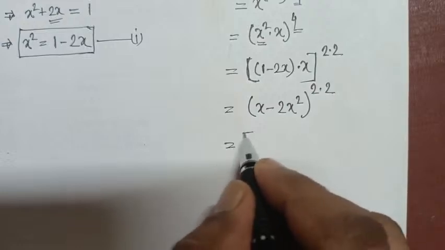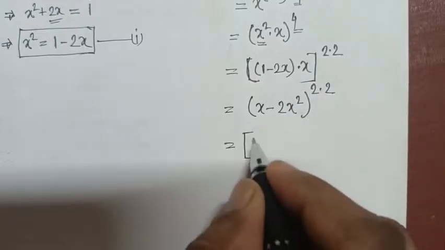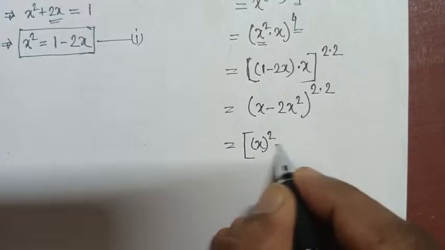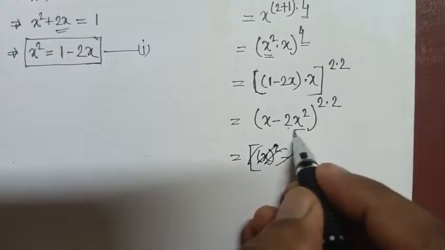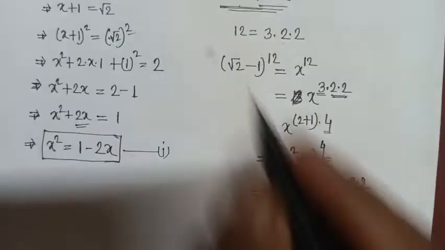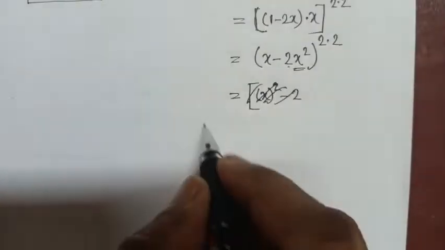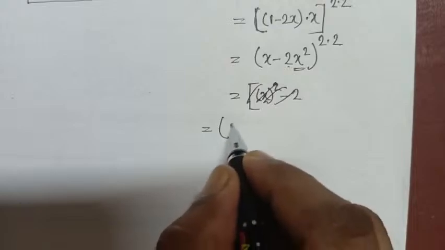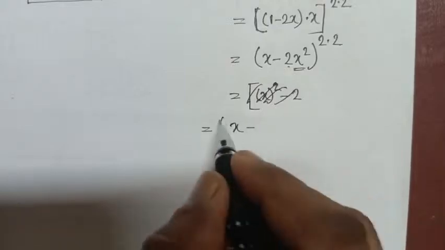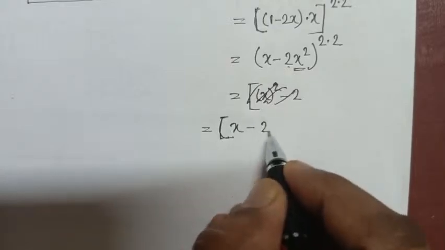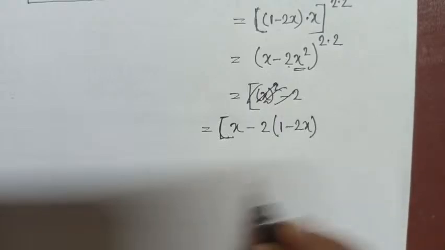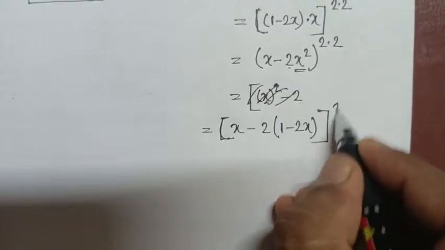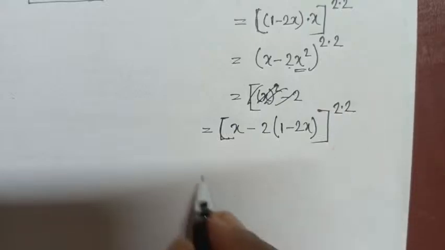Now if we take this, we get x square minus 2, now we know the value of x square is equal to 1 minus 2x. We are going to replace here the value of x square, that is 1 minus 2x, 2 dot 2.